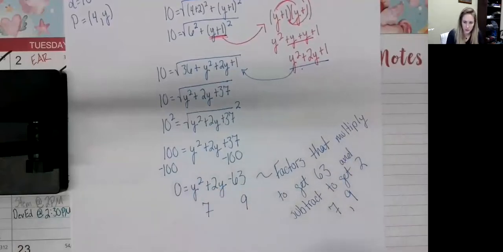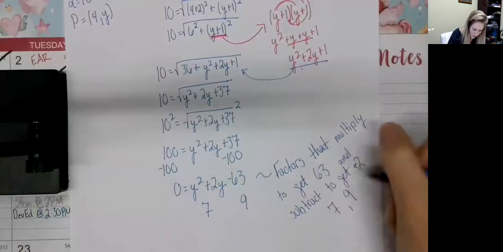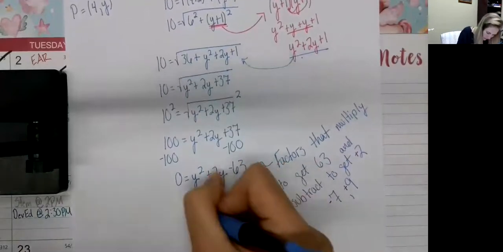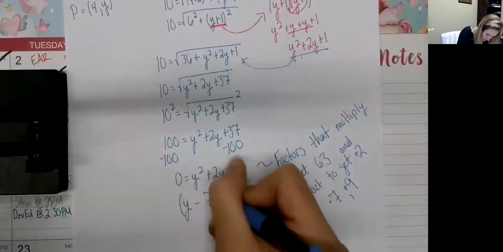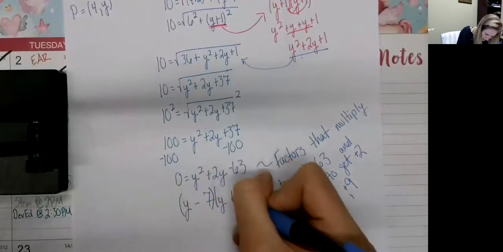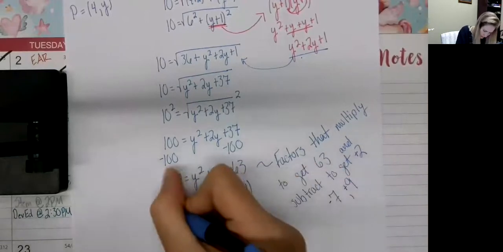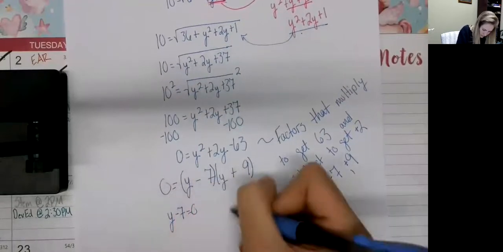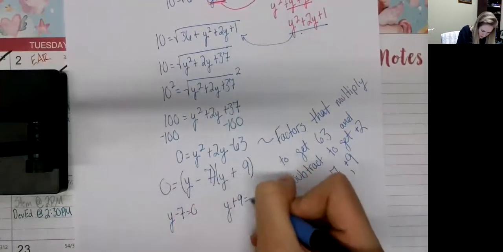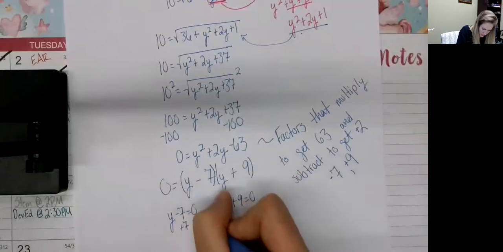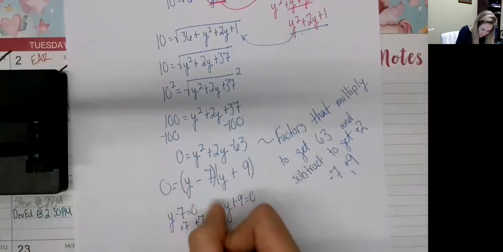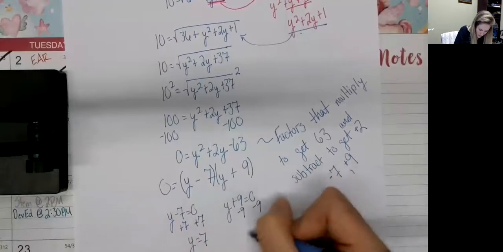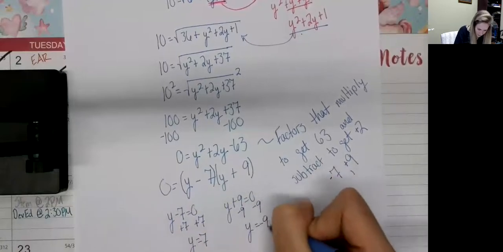And then since I know they need to subtract to get a positive 2, I'm going to have a positive 9 and a negative 7. So we're going to have y subtract 7 and y plus 9 equals 0. And then we'd have y subtract 7 equals 0 and y plus 9 equals 0. And we'd add the 7 and subtract the 9. So y equals 7 and y equals negative 9.